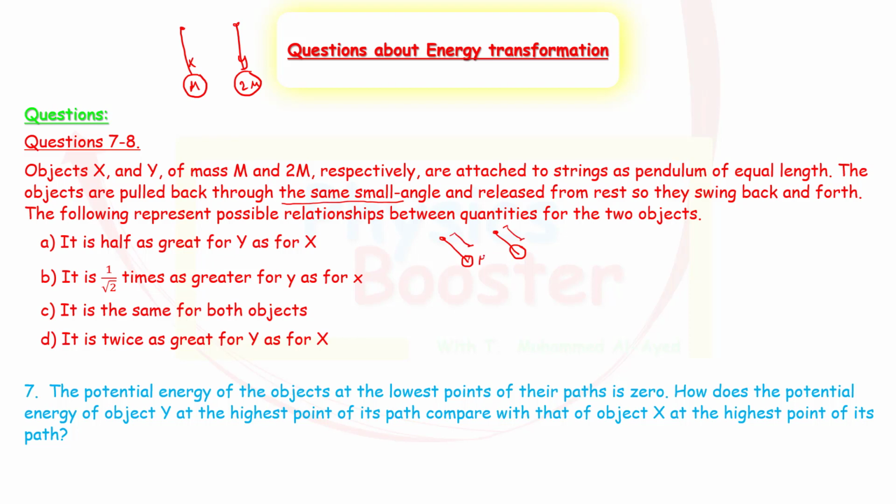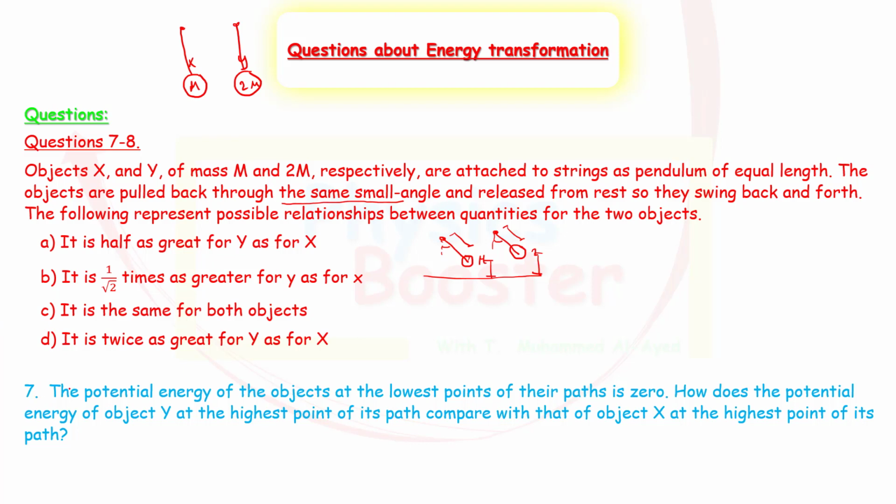So this is M and this is 2M. They were pulled back to the same angle. In other words, they are the same height above the ground. Again, sketching really helps finding the answer. Now, they are released from rest, so they swing back and forth. The following represents possible relationships between the quantities for these two objects, A, B, C, and D.